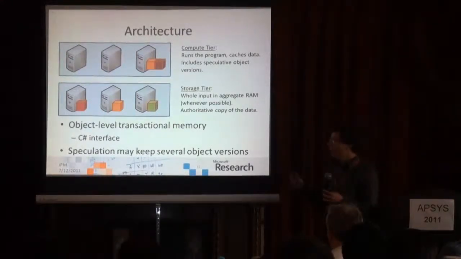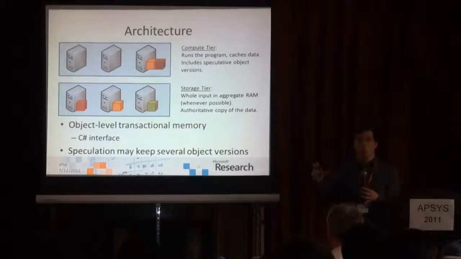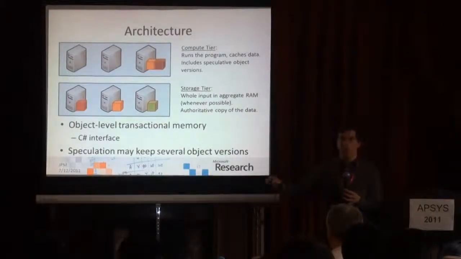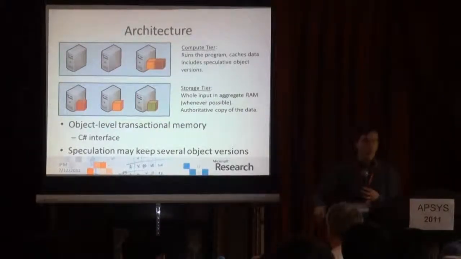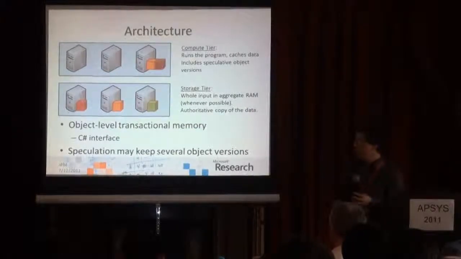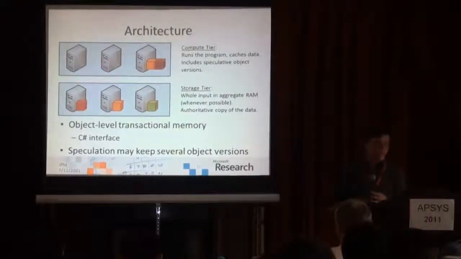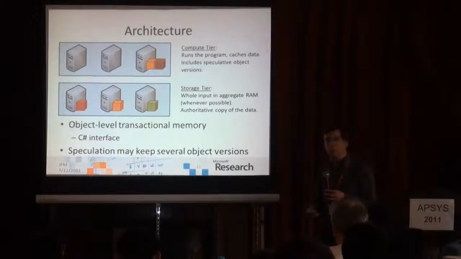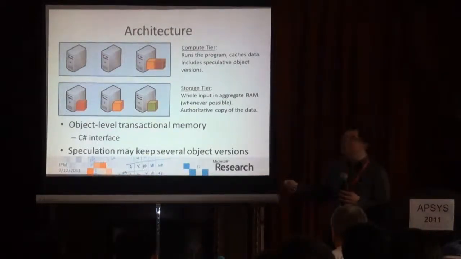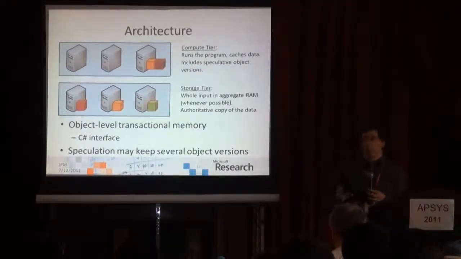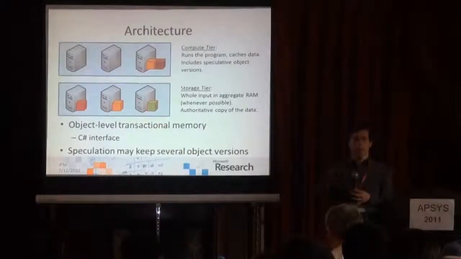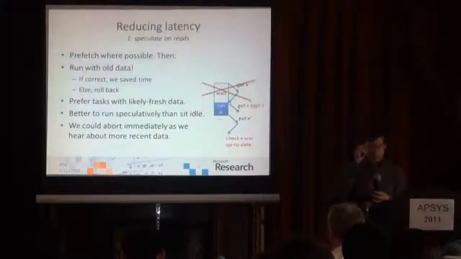And for a lot of workloads, it's actually possible to hold the data entirely in the memory of these machines, so we never have to wait for a disk, so we can go faster. We have written this in C#. This is an object-level garbage-collected memory. And just to emphasize, on these running nodes, we may keep several versions of the same object because we are speculating ahead of time.